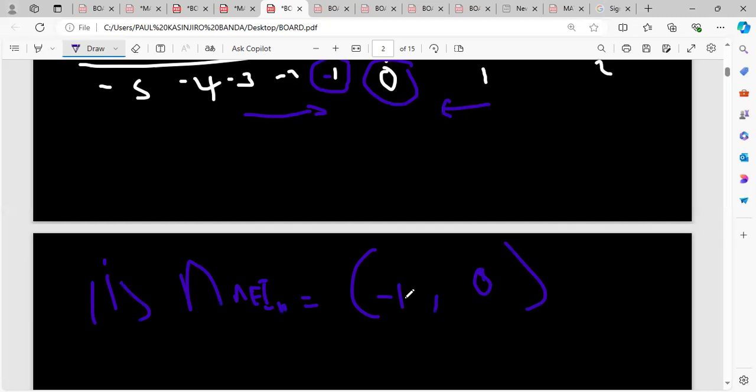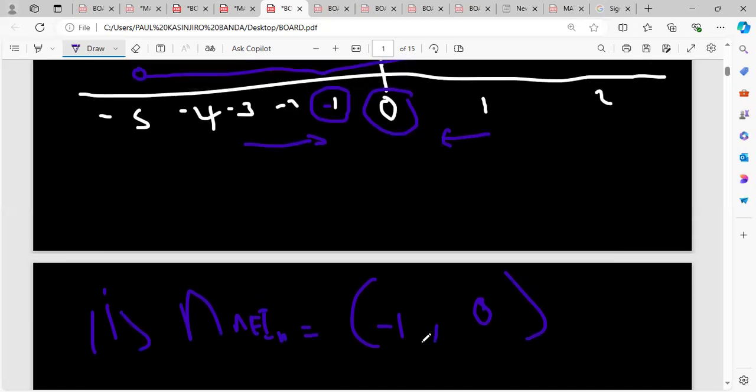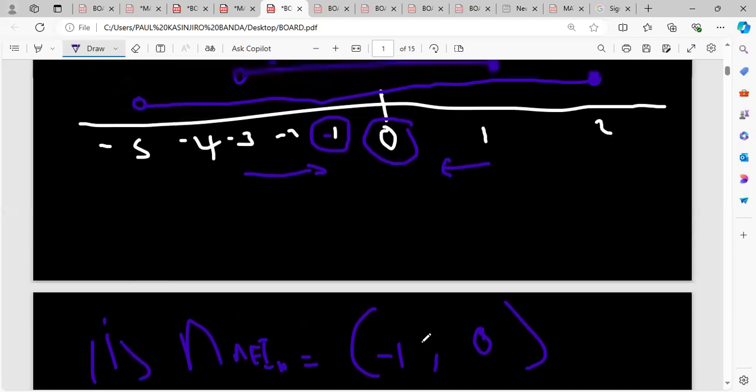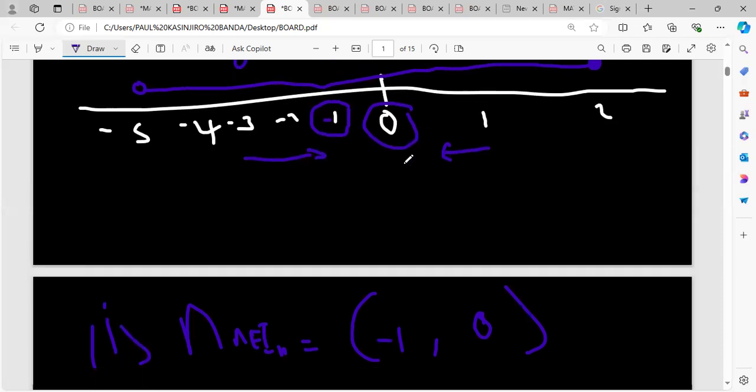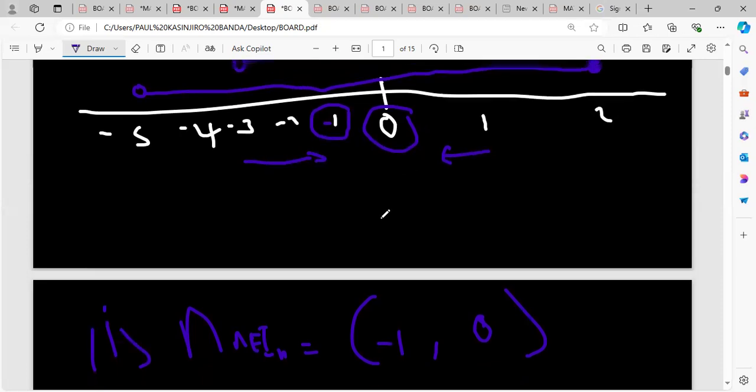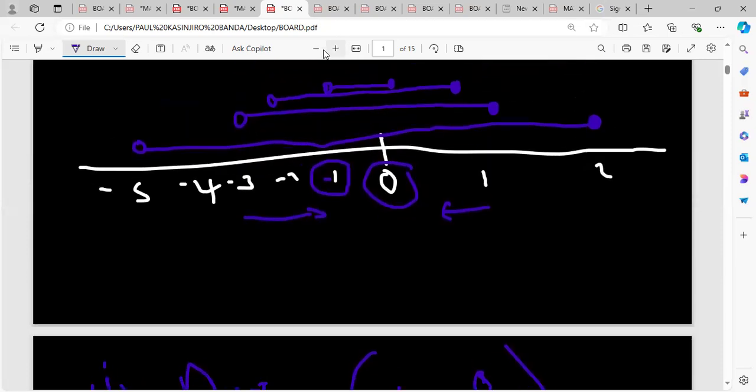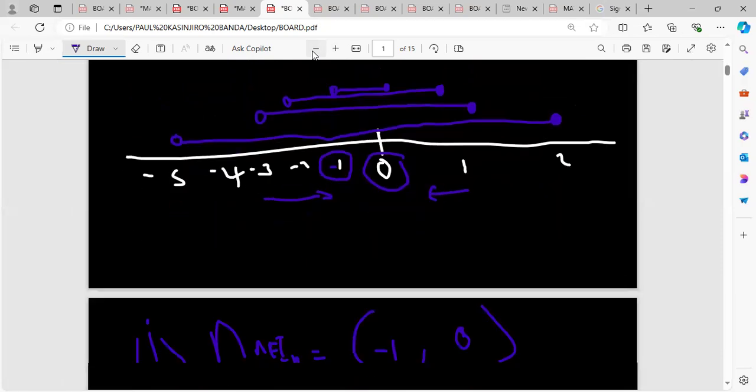Okay, because we know that it's going to be open on 0. Yes, it's going to be open because the 0 will never be met. Why is it open on both numbers?